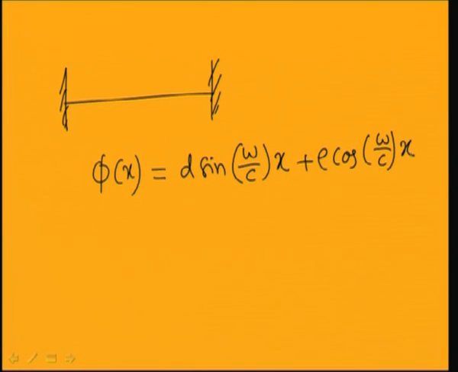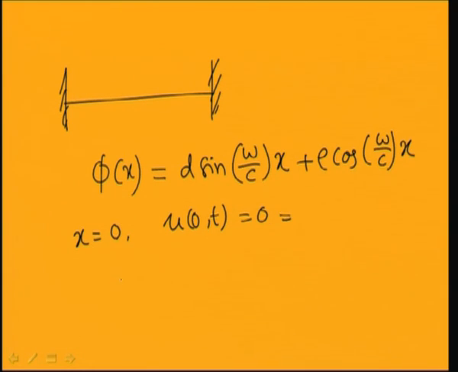At the left end, that is x equal to 0, u x t equal to 0, and for x I can substitute x equal to 0. So u 0 t equal to 0.